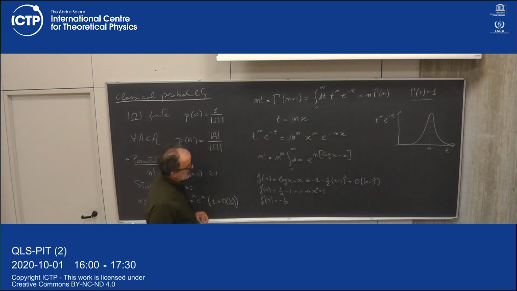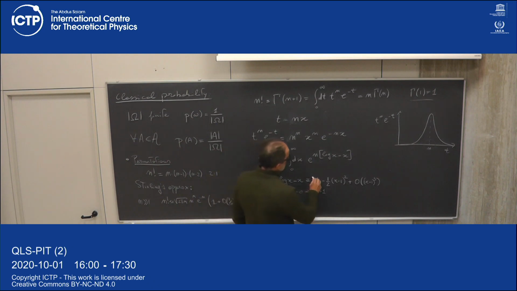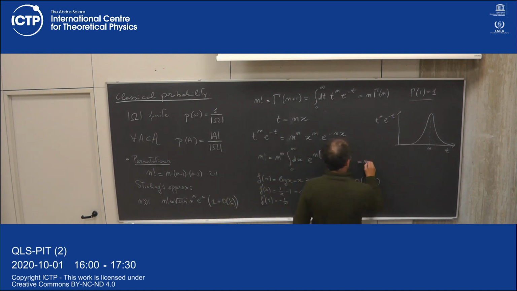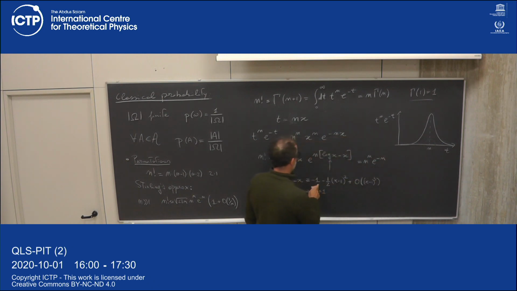Okay, so the idea is to substitute this expression in this integral here. And so you see that you get n to the n e to the minus n, which comes from this minus 1 times n.